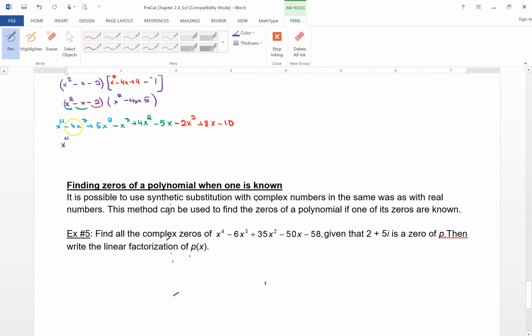Negative 4x cubed minus x cubed, negative 5x cubed. 5x squared minus 2x squared is 3x squared. Oh, plus 4x squared, so 7x squared. That's tricky. Minus 5x plus 8x is 3x, and that negative 10 is alone.